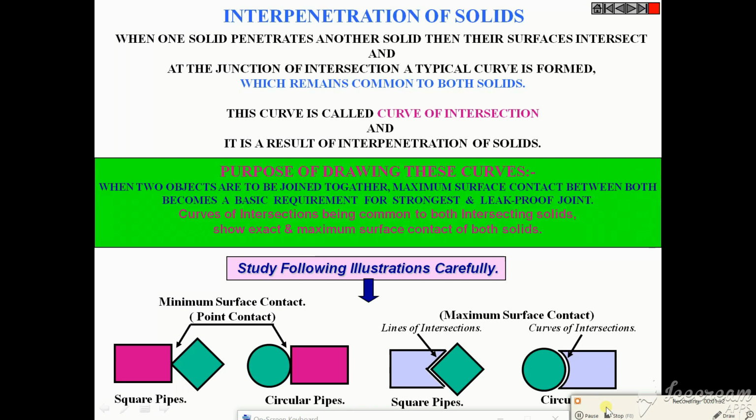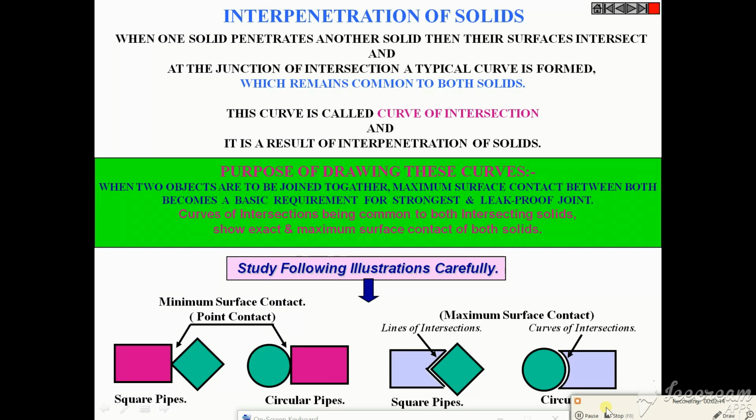Every time these components are joined by different methods, especially when you use welding, then we must understand the contact area between the two. Thereby, the bonding can be checked very easily. For that purpose, we mostly use this interpenetration of the solids.